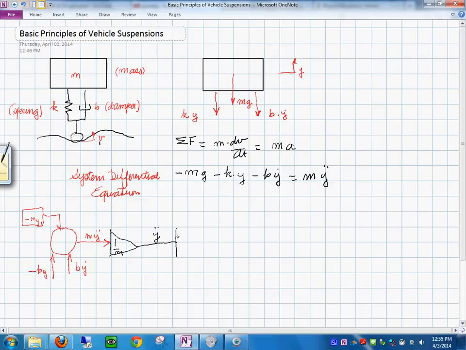If you integrate this once, you will obtain y dot. If you integrate twice, you will obtain y.